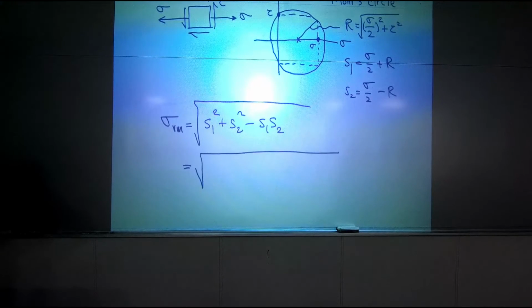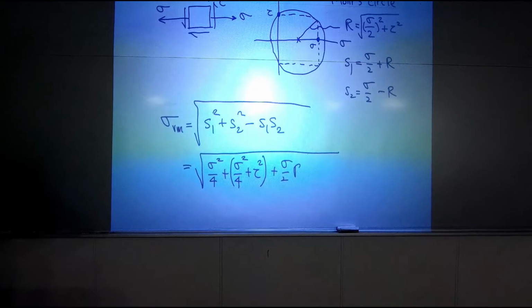So it's going to be sigma squared plus R squared. R squared is going to be like this. And plus half of sigma times R. And also S2 squared is going to be like this.